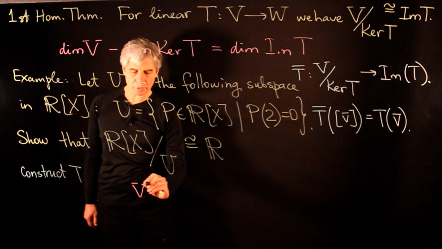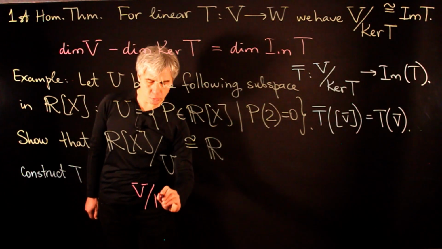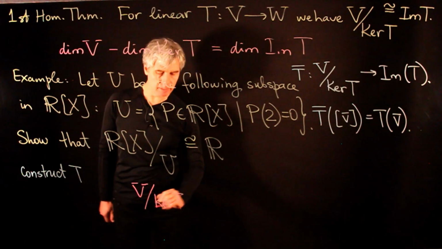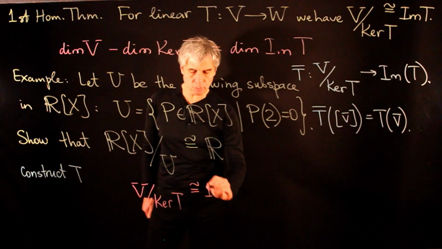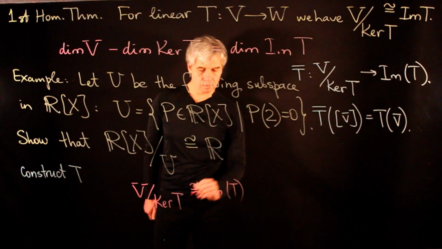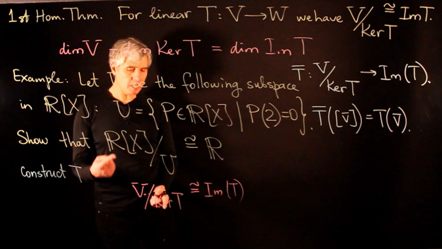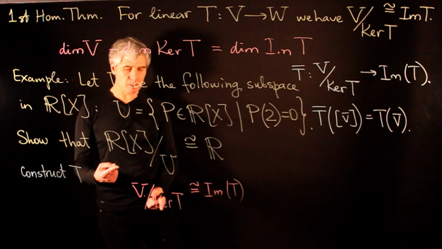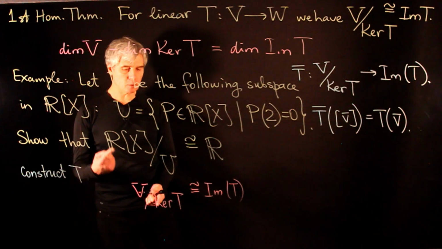The first homomorphism theorem says that V quotient by the kernel of T is isomorphic to the image of T. If we want to apply it, then we need to align all these pieces of the puzzle.